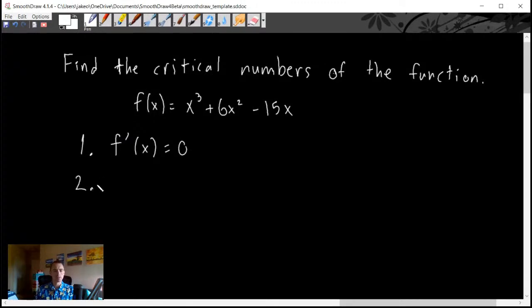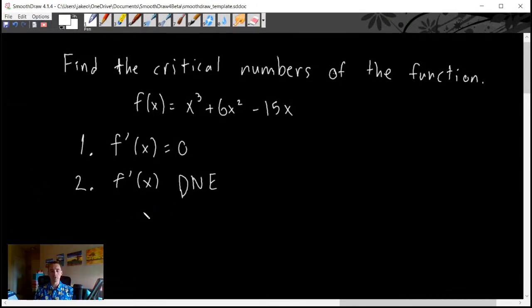Okay. The second condition that can create a critical number is wherever f prime of x does not exist. So that's kind of a common one that people miss. Not only can you find a critical number at a place where the derivative of your function equals 0, but also where your derivative does not exist.